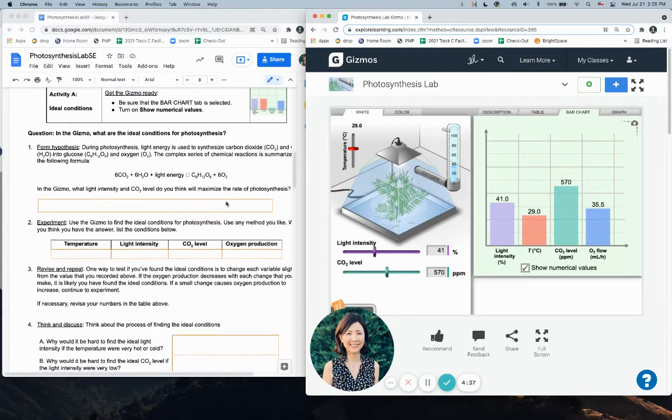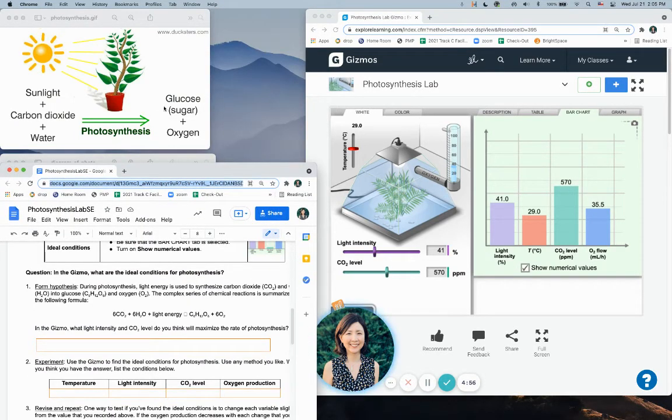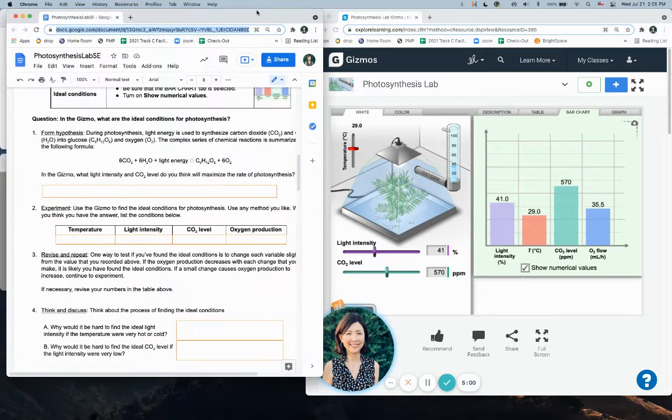Here, what light intensity and CO2 level do you think will maximize the rate of photosynthesis? Right now, the only way we can see how much photosynthesis is happening is by measuring the oxygen flow, because in this experiment we can't really see how much glucose is being made, but we can see how much oxygen is being produced.